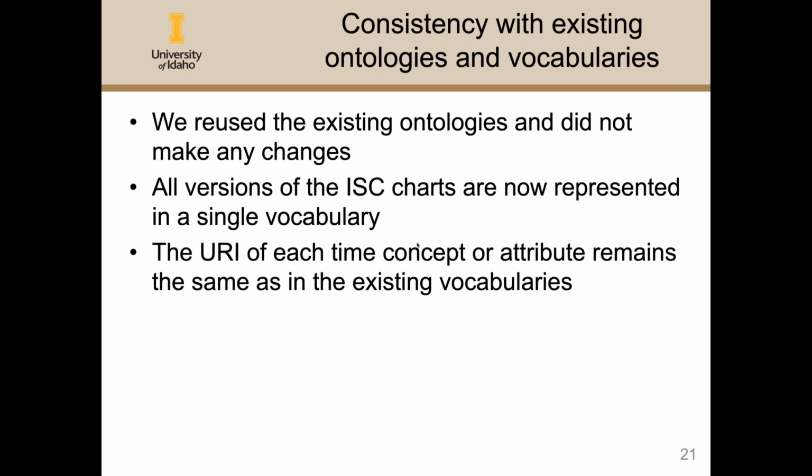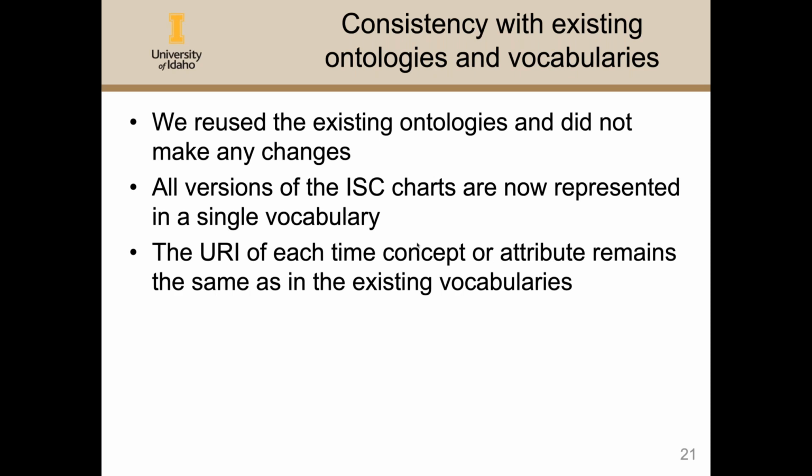And I mentioned one of our guidelines was to make it consistent with the existing ontologies and vocabularies. So you can see in our work, we make an interesting usage of the scheme ID. We reuse all the existing ontologies and the classes and the properties. We do not make any changes to the classes and the properties.